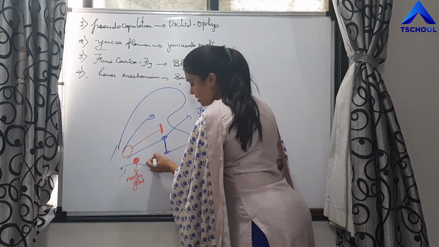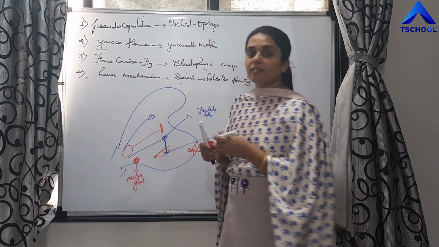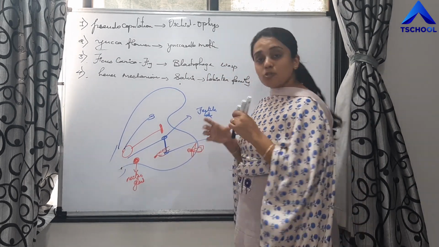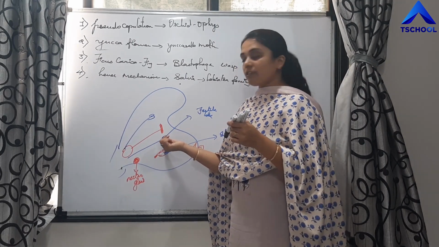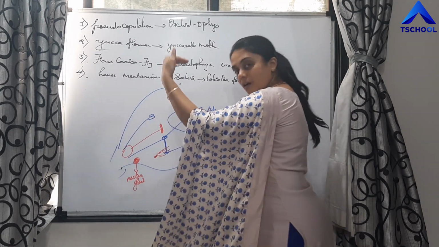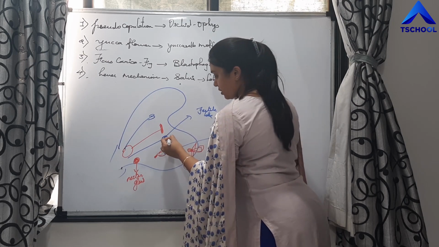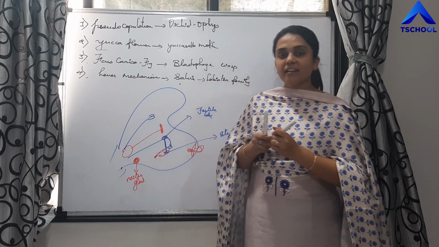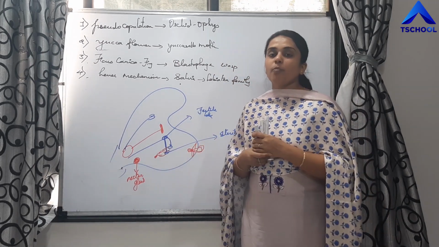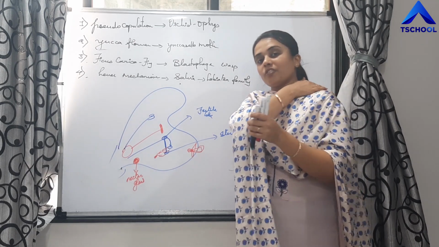Because of the leverage difference, what happens? The fertile lobe of the anther comes downside and attaches to the body of the insect, and the pollen grains are sprinkled on the body of the insect.